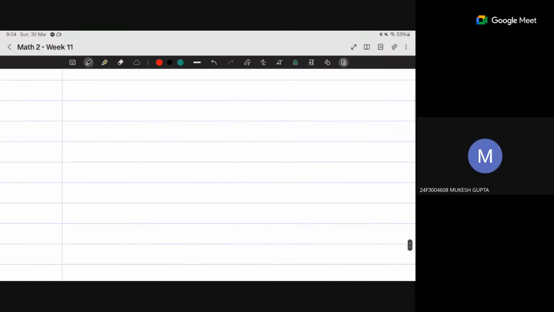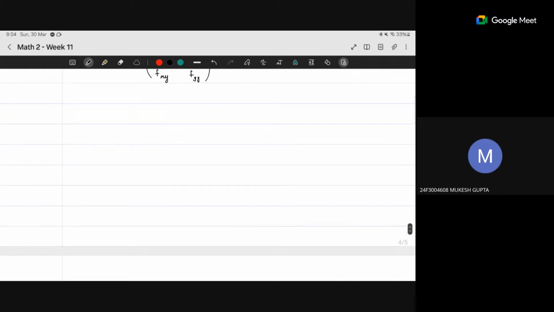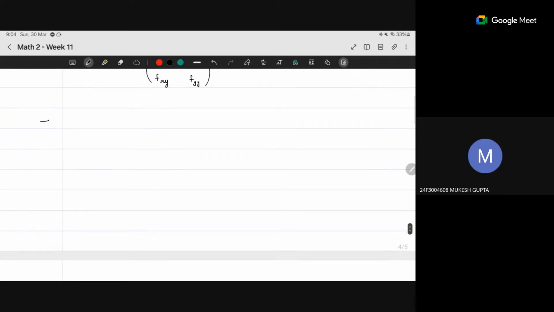Okay, so let's take our familiar example of f of xy equal to 1 minus x square minus y square. Do you remember what the graph of this looked like? Some kind of opposite parabolic cone.